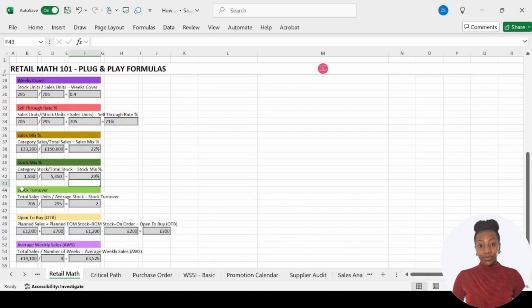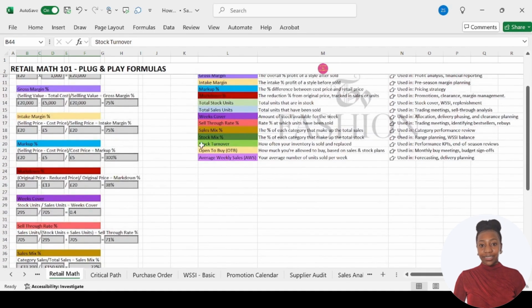So that's really that. And then your stock turnover is described as how often your inventory is sold and replaced. And that's used in performance KPIs and your end of season review.